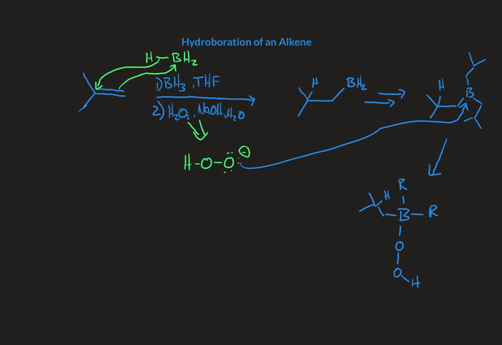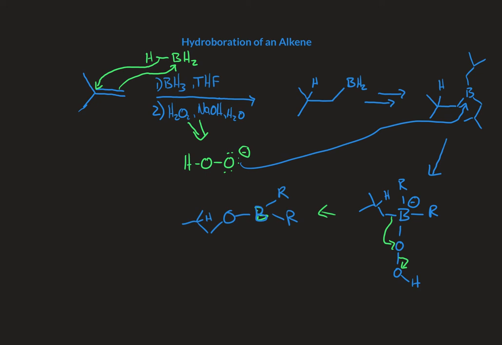Like that. That gives boron a minus charge. And this alkyl group can do a migration and come to that oxygen, which is going to kick off this hydroxide to give you this intermediate.